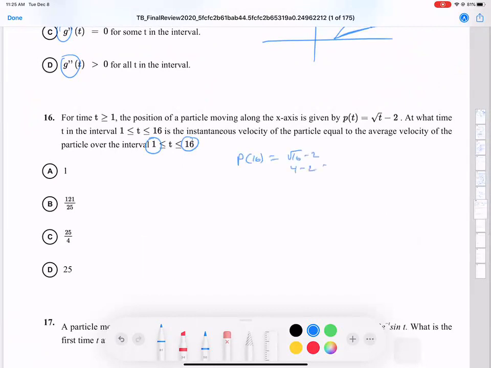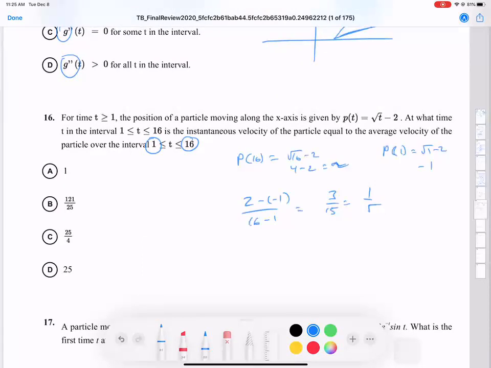So that's 4 minus 2, which is 2. And P at 1 is the square root of 1 minus 2, because 1 minus 2 is negative 1. And the average rate of change is 2 minus negative 1 over 16 minus 1, which is 3 over 15, which is 1 over 5.